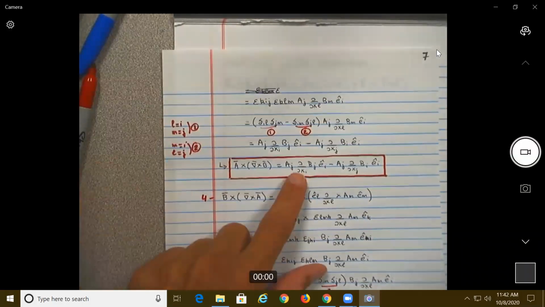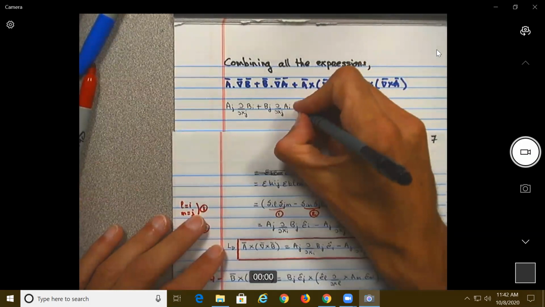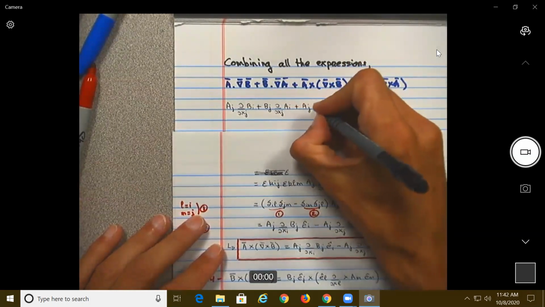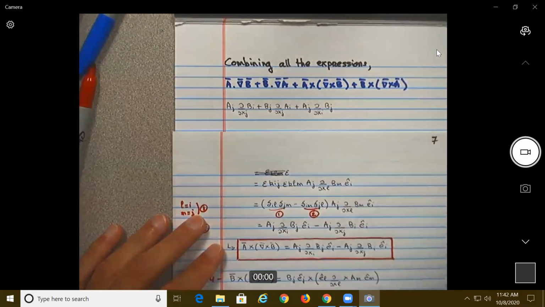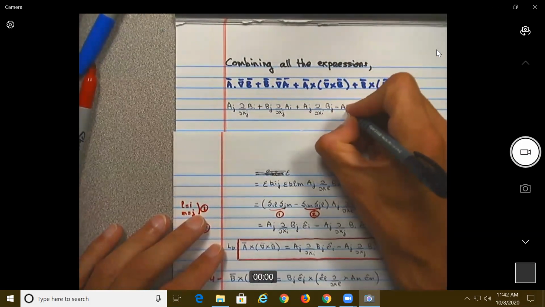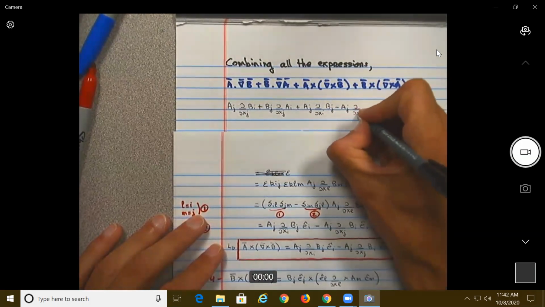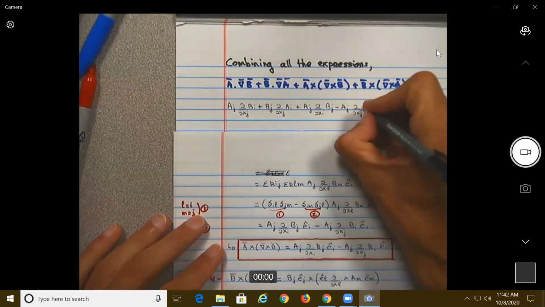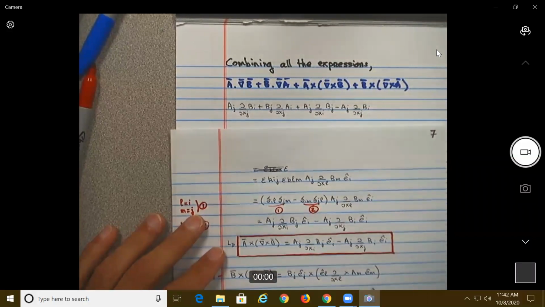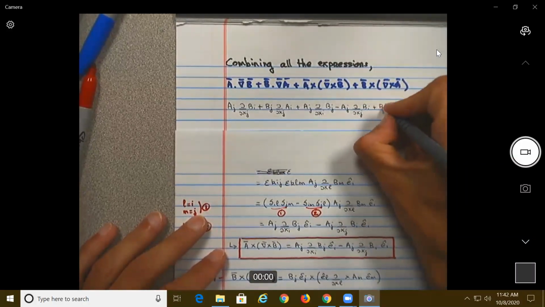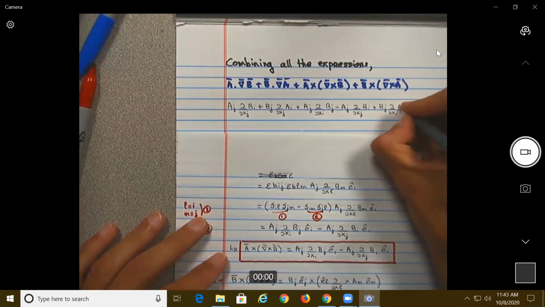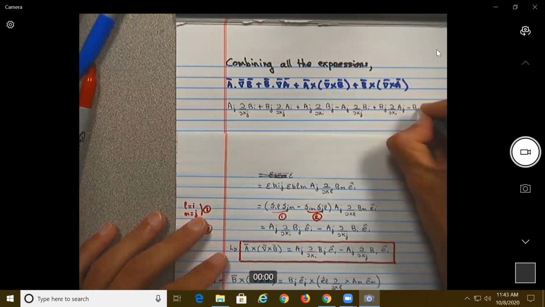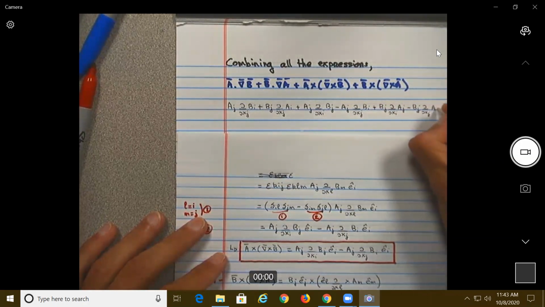The third term is this one over here, so we're gonna have plus aj partial xi b sub j minus a sub j partial x of j bi, and the last one is plus b sub j partial x sub i a of j minus b of j partial xj a of i.